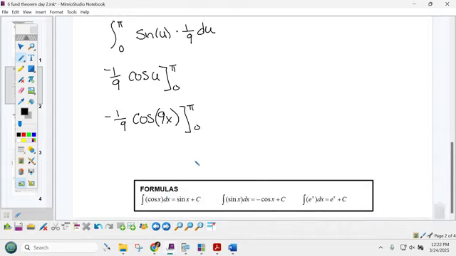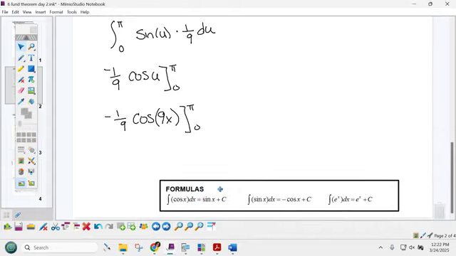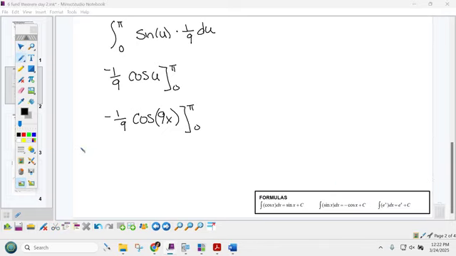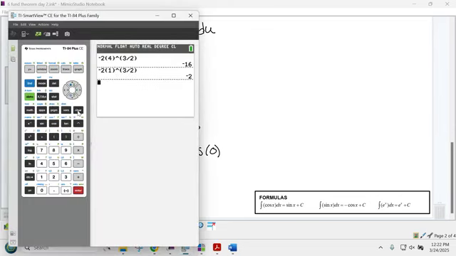Now we can do the fundamental theorem. Input the top number minus input the bottom number. Make sure your calculator is in radians.